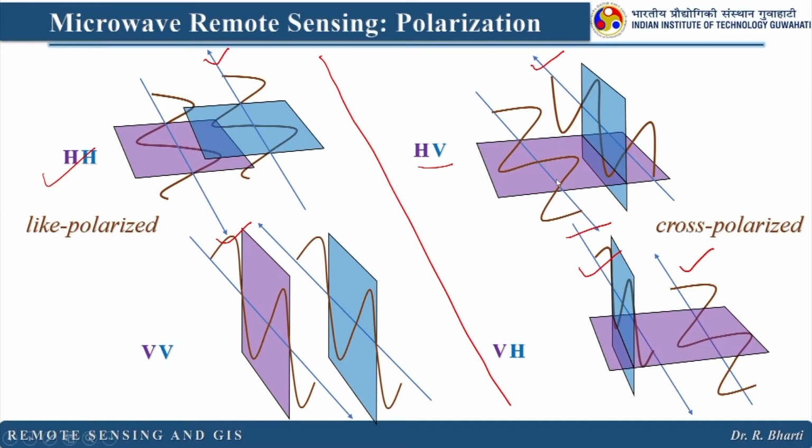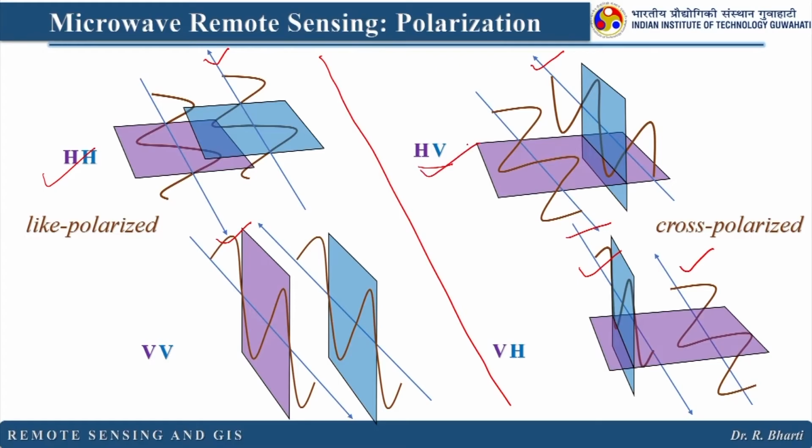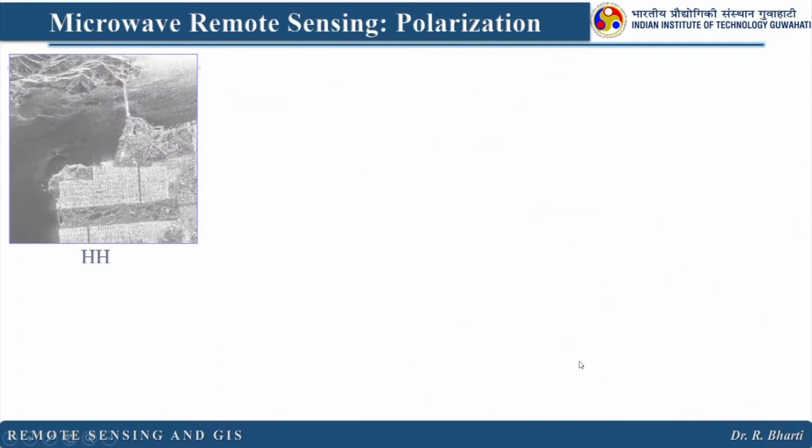Now we have seen all four cases, but can we get some additional information by changing the polarization, whether in the transmitter or in the receiver? Yes, we get different information when we use HH, HV, VV or VH. So what exactly will we get? I am going to show you some examples.